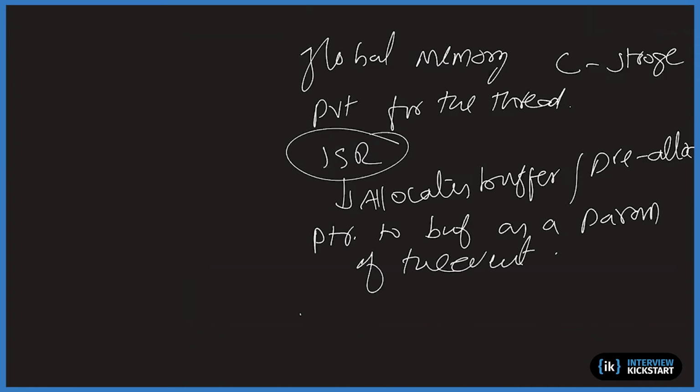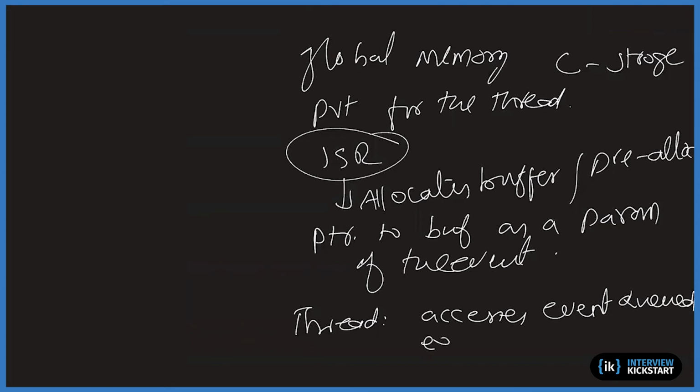So the thread that processes it accesses the event queue. It gets unblocked, right? So it accesses the event, extracts the pointer, and then accesses the global data or global buffer.